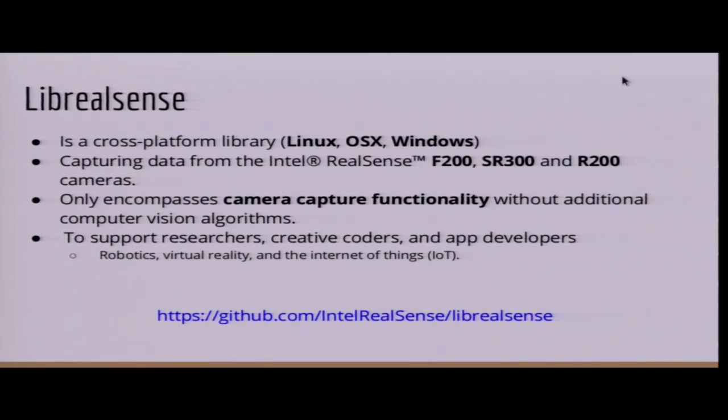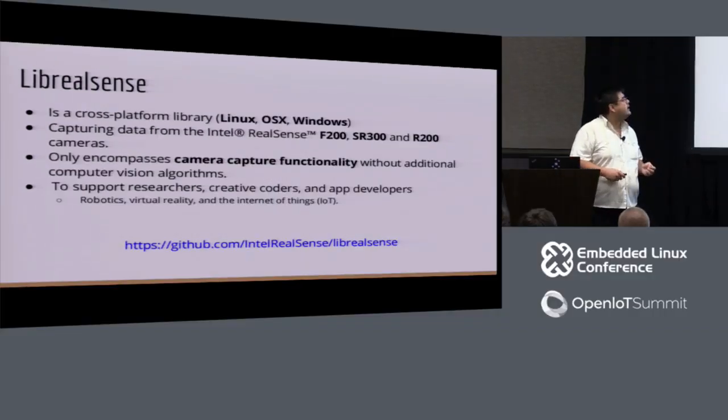But what about the Linux space? When Intel developed the RealSense technology, they said they wouldn't develop a library for Linux. So some people started to develop this library, librealsense, that is cross-platform. It is for Linux, OS X, and Windows.